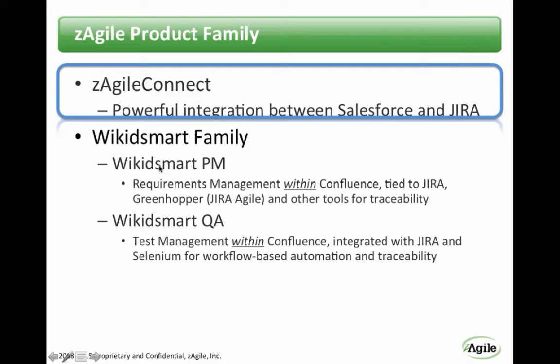So a single Salesforce package supports both types through different integrations. But we also have the Wicked Smart family of products, which is basically integrating Confluence, JIRA, and a number of other tools within engineering. And on top of that, we offer solutions for product management and test management.